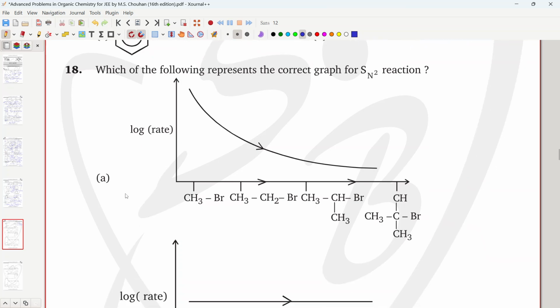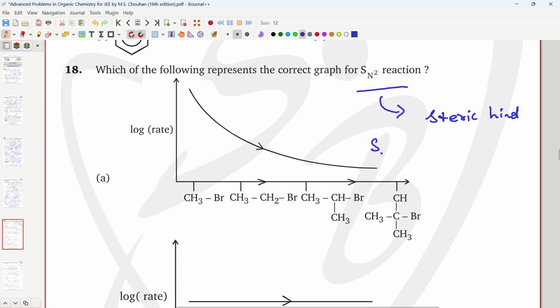Now question 18. Which one of the following represents the correct graph for SN2 reaction? This is basically testing us on how much we know about steric hindrance.